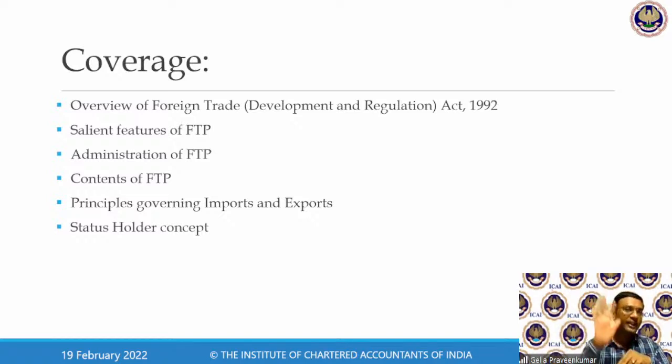As of now, 5-star status is given. Based on the volume of exports in repatriation of money into India, they have classified the businessmen into this 5-star category. Based on each particular category, they have certain free incentives, freebies kind of thing for the purpose of foreign trade. I'll give a simple example for you to understand.